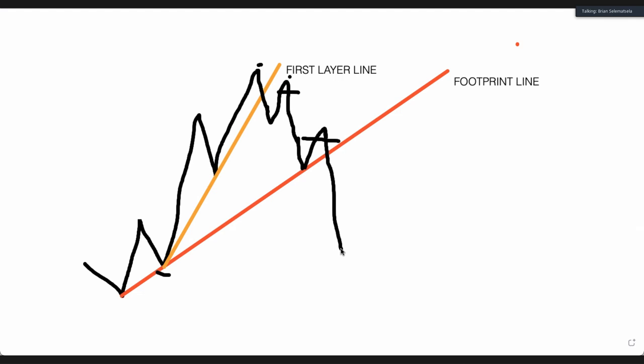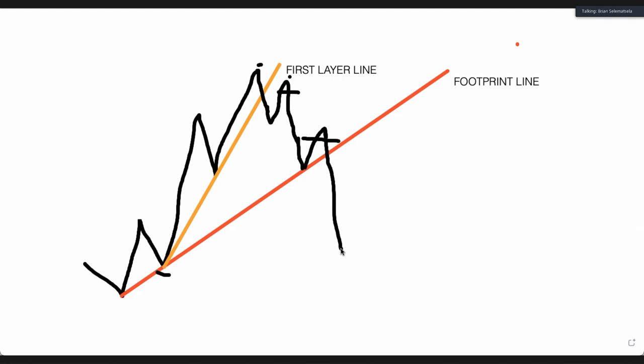So there's really no need for you to keep on holding those trades. We simply wait for the first layer line to be broken, and that is a determination for us to pull out of any trade and start looking at the opposite direction for another trade.